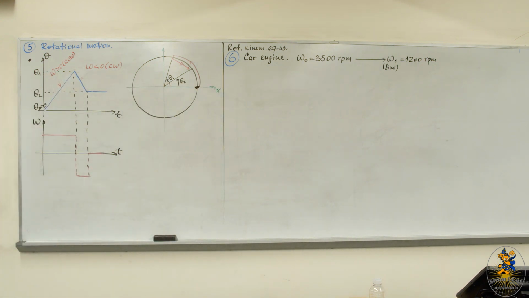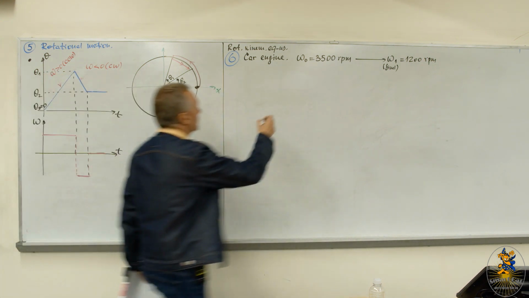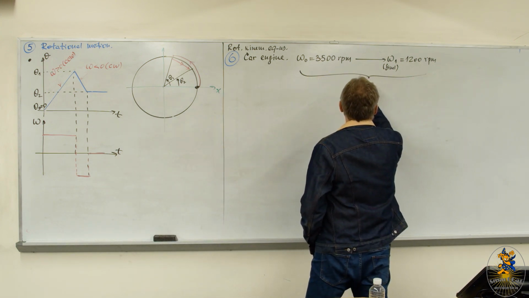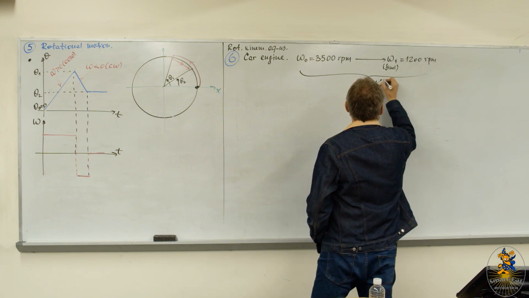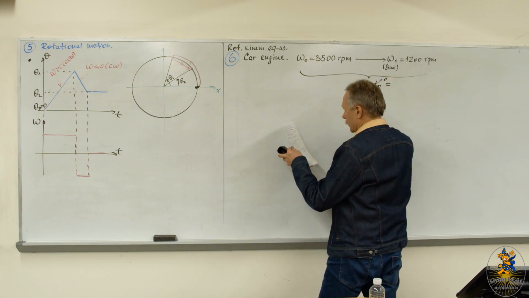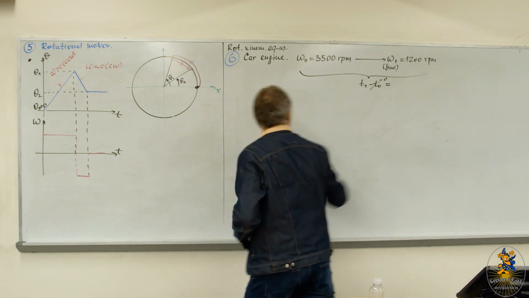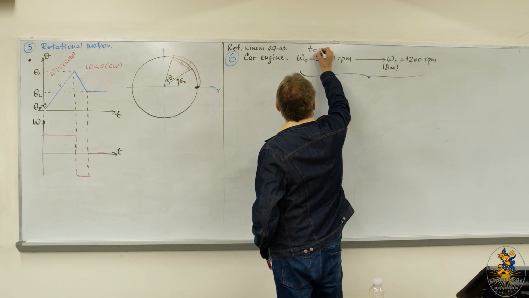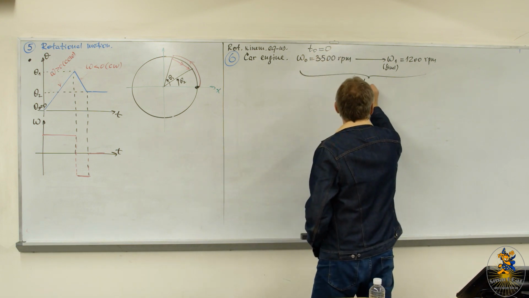And this happens over a stretch of time, which is t1 minus t0, and you remember t0 is usually 0. Let me write. So this is t0 equals 0, and then it happens over a period of time.